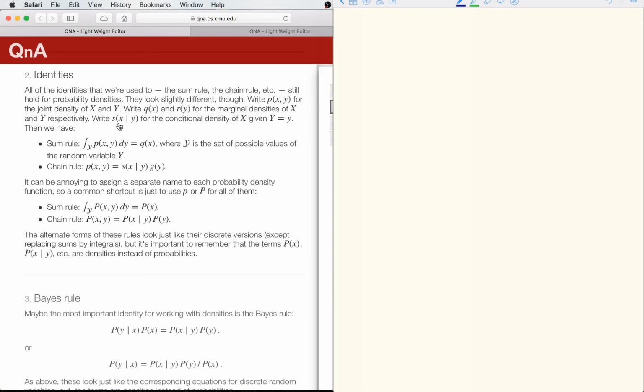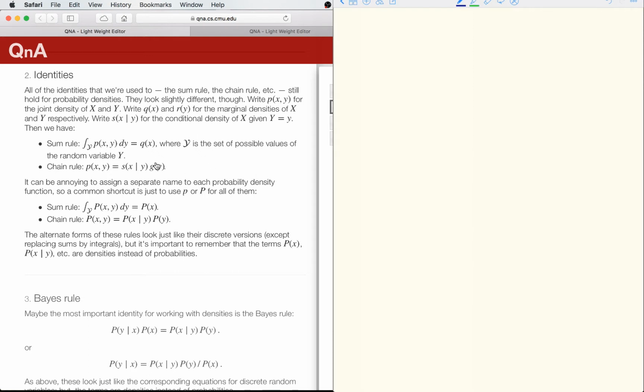And we'll write S for a conditional density. We defined all of these a few lectures ago. The sum rule says that if you integrate the joint density over one of the variables, say y in this case, you get the marginal density of the other one. And the chain rule says that you can get a joint density as the product of the marginal of y and the conditional of x given y.